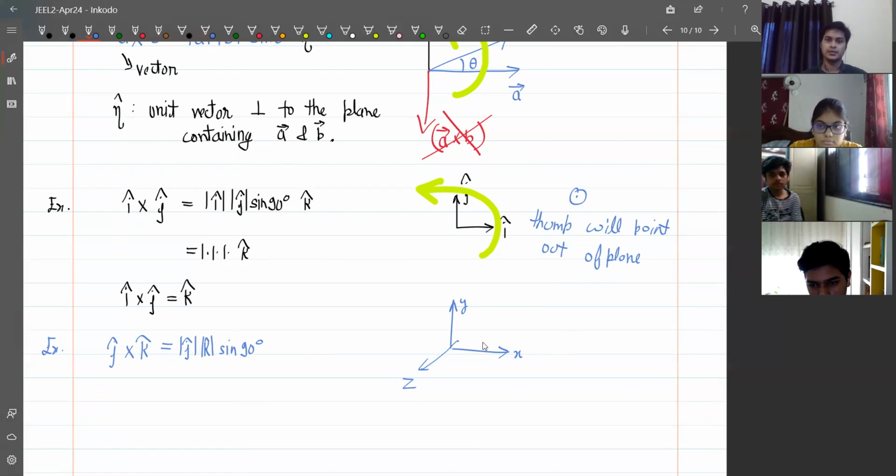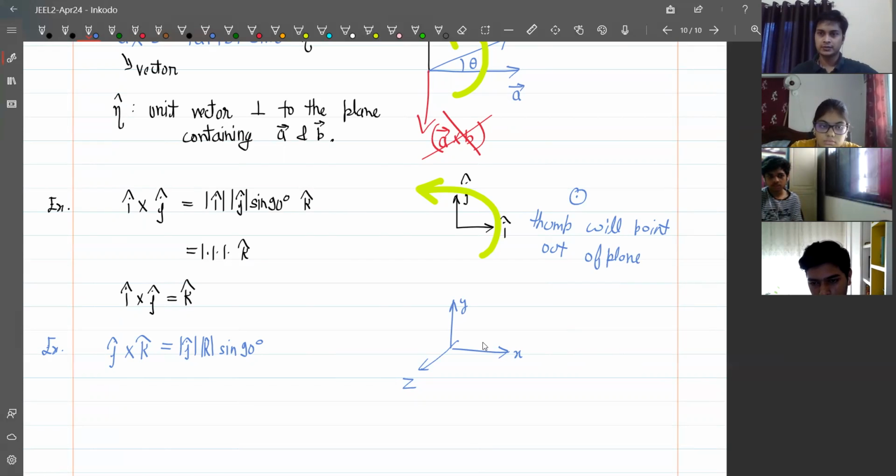Z cap is along... K cap. K cap is along Z axis. अच्छा, right hand use करना है. Always use right hand. Left hand use नहीं करना है. Mostly right hand में pen होता है तो left hand use करते हैं students, but you have to use right hand.